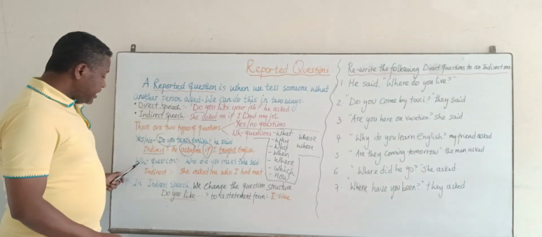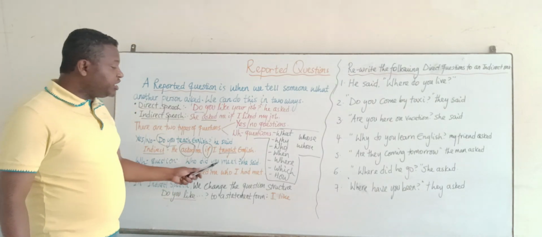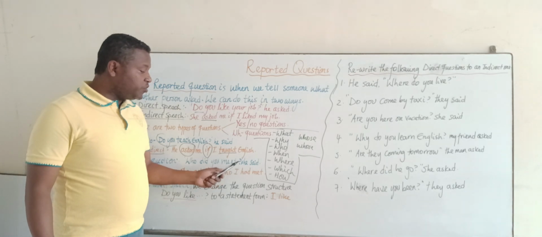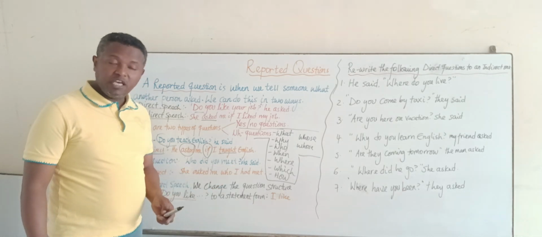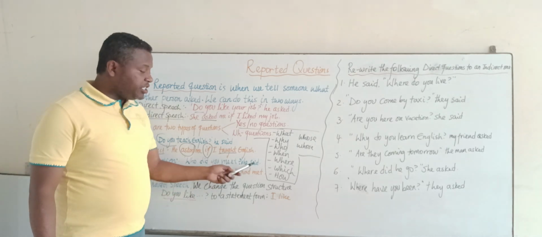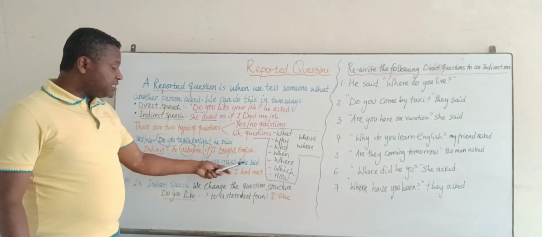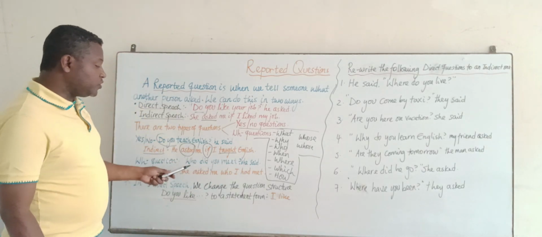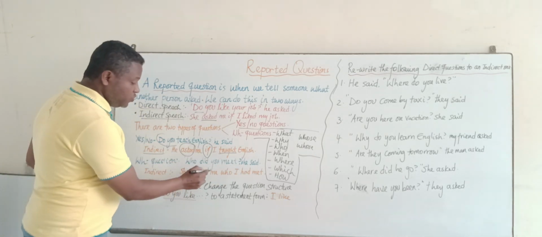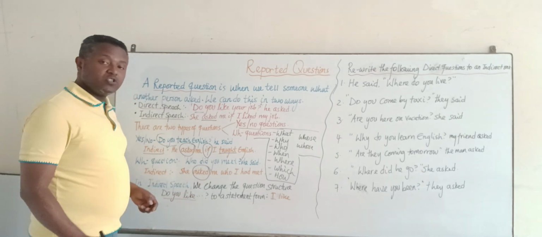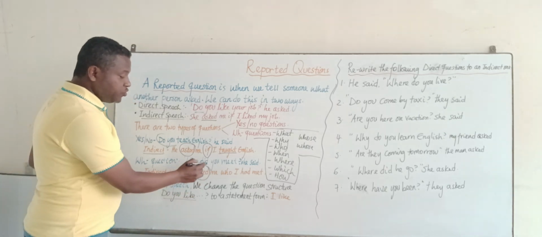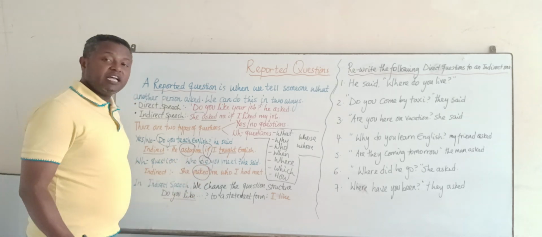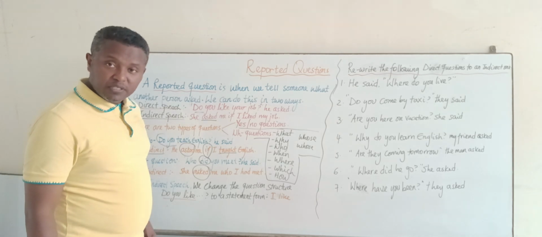So another WH format: who did you meet? Okay, who did you meet yesterday? She said. So this is not a statement, this is a question. So you need to choose the right reporting verb. So who did you meet? Did is here. That means it is a past simple structure.